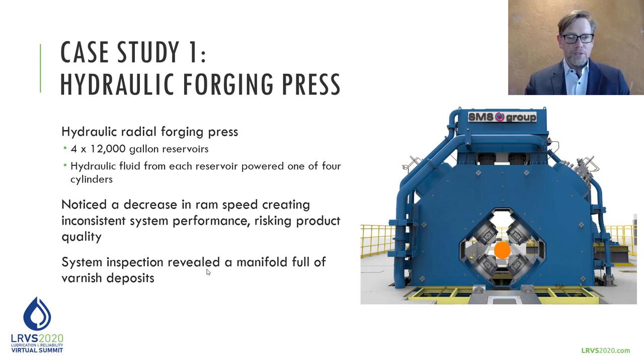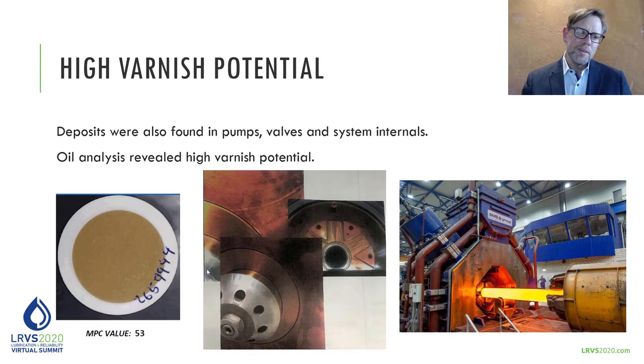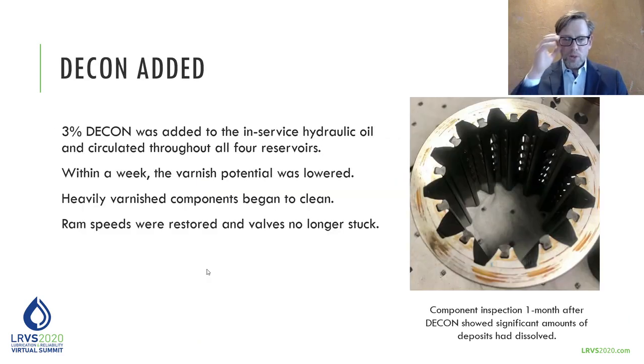Sure enough, after inspecting the system, they found evidence of varnish in the manifold and several other components throughout the system. The varnish potential also was quite high, so this was something that was concerning to them. They ended up putting 3% Decon into the fluid.